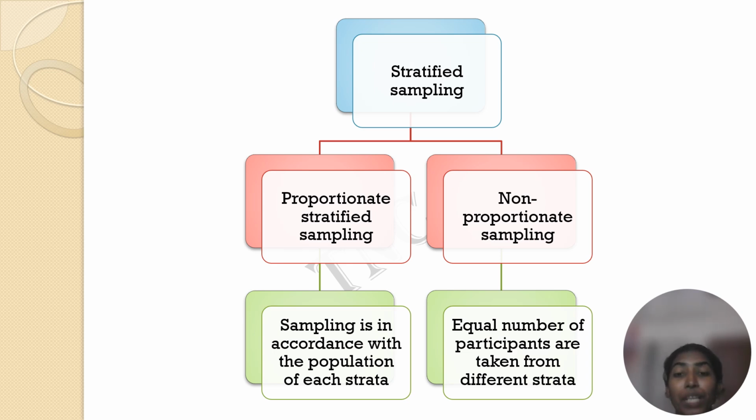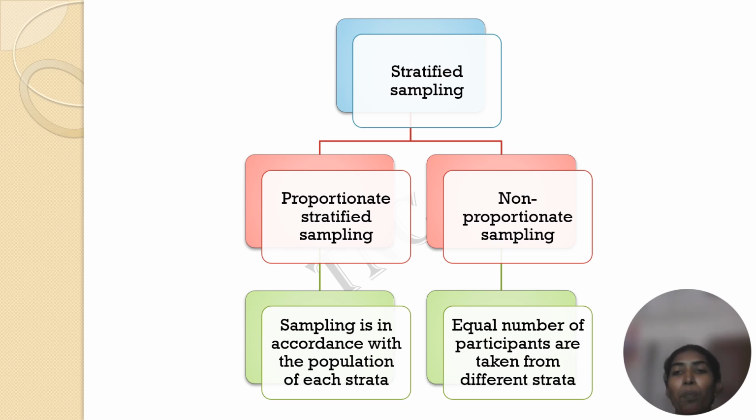But if you take up non-proportionate stratified sampling, an equal number of participants are taken from each strata irrespective of their population size. You can take the same example. There are 10,000 men, 5,000 women and 2,000 children, but we are taking a sample in equal numbers, 1000 children, 1000 men, 1000 women.